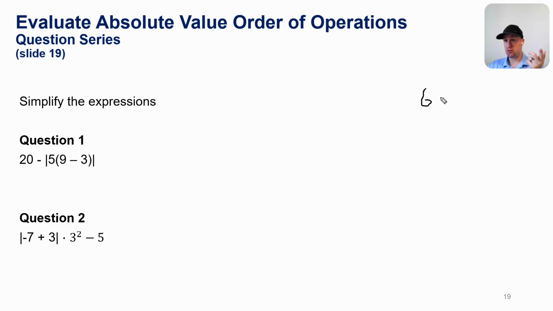So that would be a grouping symbol, like parentheses or brackets, or in this case, absolute value. And then it would be exponents, and then multiplication and division, and addition, subtraction. That's where the GEMDAS part comes in.